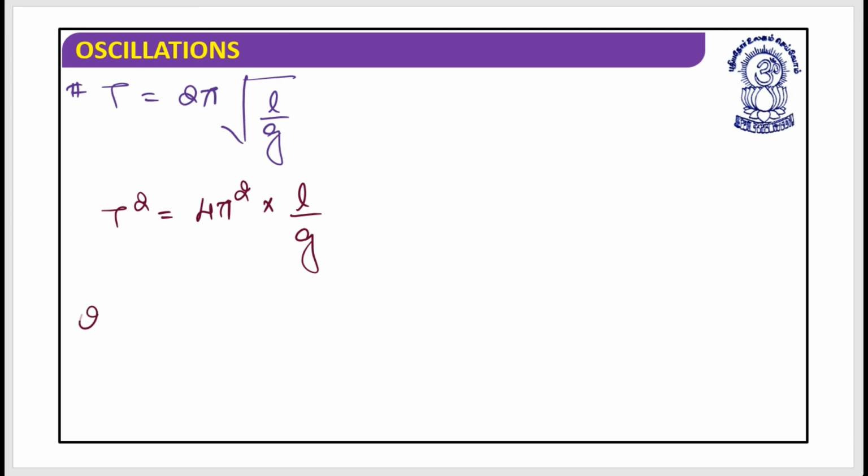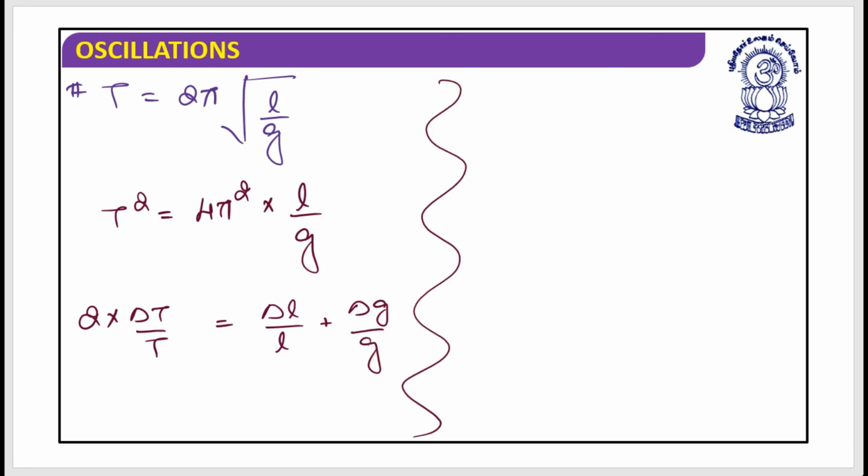If such is the case, then I can write 2 into delta T by T equals delta L by L plus delta g by g. Now let's understand that, so from this delta T by T could be half into delta L by L plus half into delta g by g.